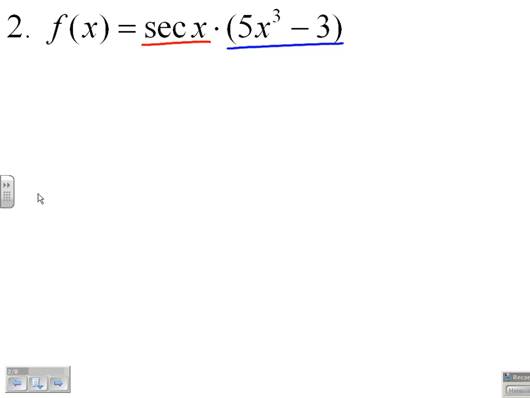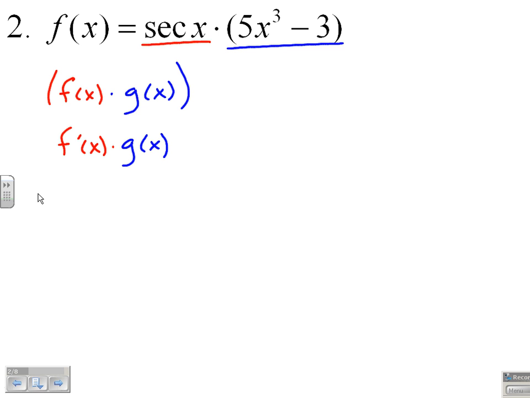And our product rule states that if I have some function of x times some function of x, then what I want is the derivative of the first function times the just plain second function plus the just plain first function times the derivative of the second function.